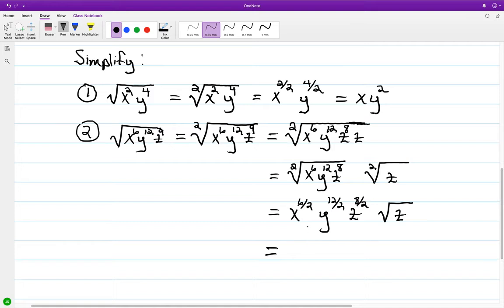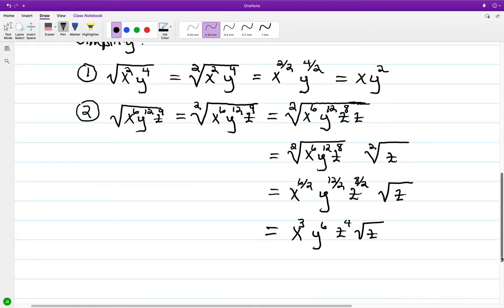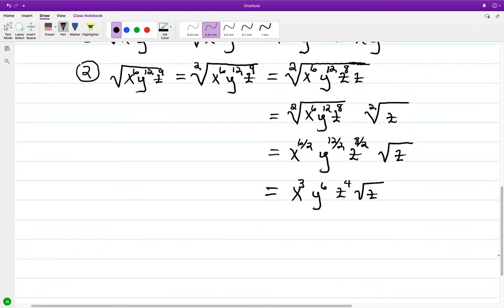In the reduction, x to the 6 halves goes to x cubed, y to the 12 halves will be y to the 6th, z to the 8 halves becomes z to the 4th. And then tagging along, we have the square root of z. That would be the simplified radical form of this particular square root expression.